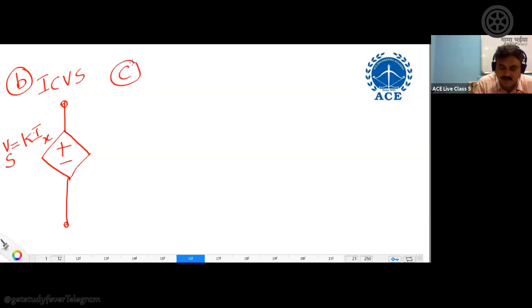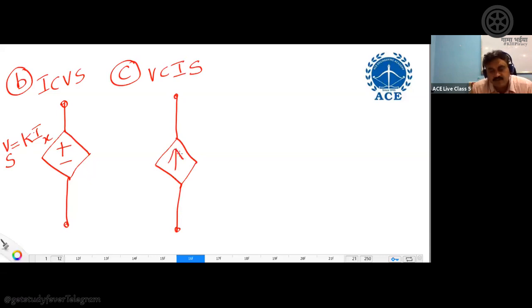Similarly, what is a voltage controlled current source? VCIS. So here we are talking about a current source. So dependent source diagram is same, symbol is same. But now we are talking about current source. So take a current source like this. Now it is controlled by voltage. That means magnitude of the current source Is is equal to some constant K into Vx.